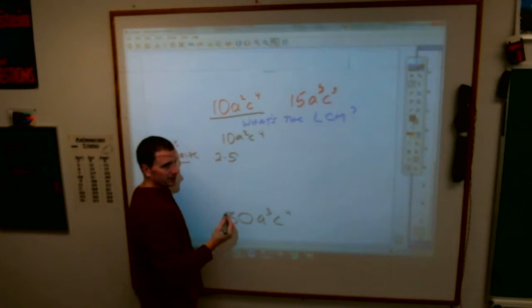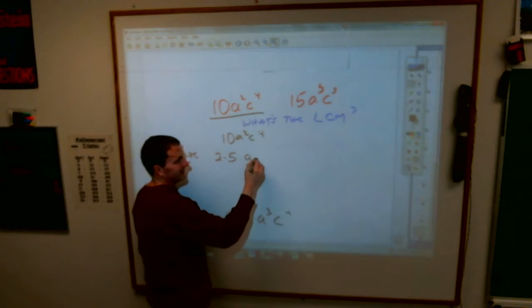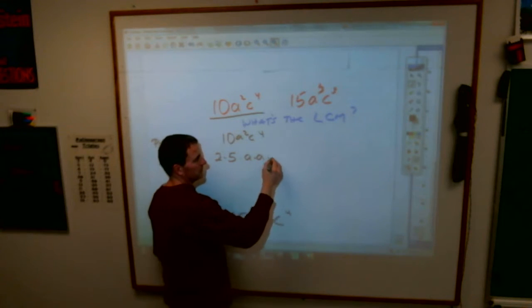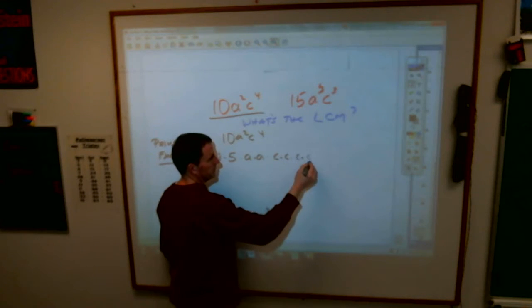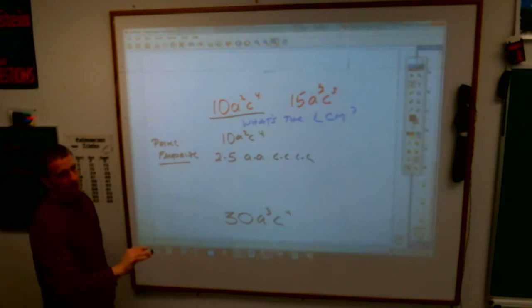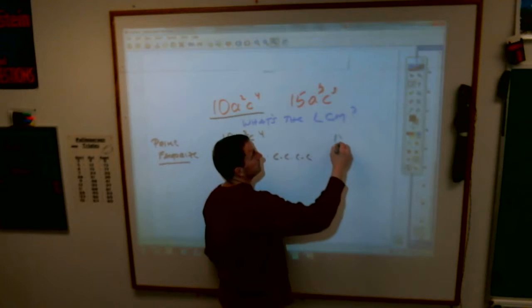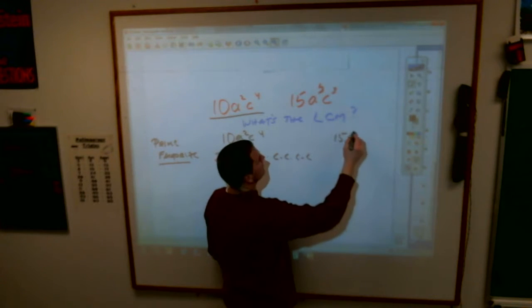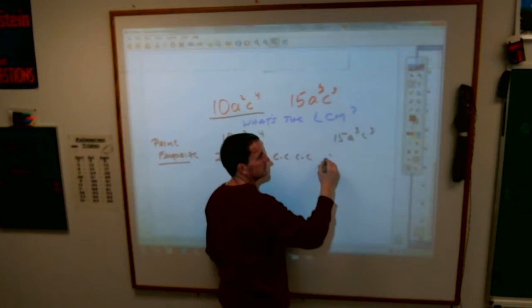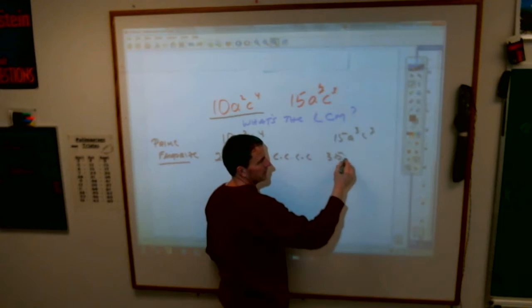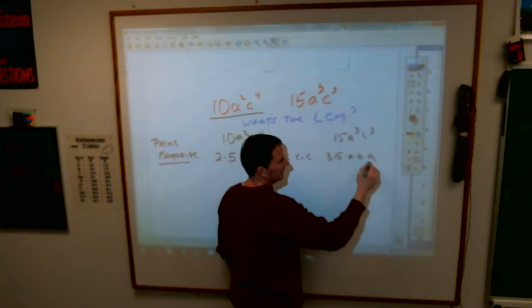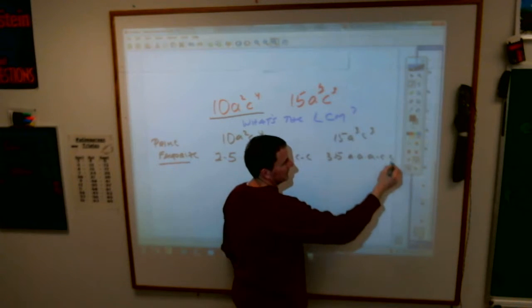And then you have to break apart the letters. a squared is a times a, and c to the fourth is c times c times c times c. That's the whole thing broken apart in its barest form. 15a cubed c cubed is 3 times 5 times a times a times a times c times c times c.